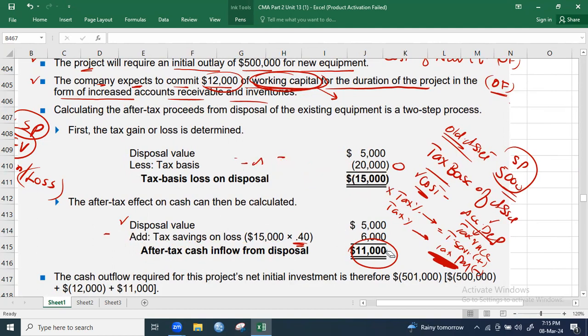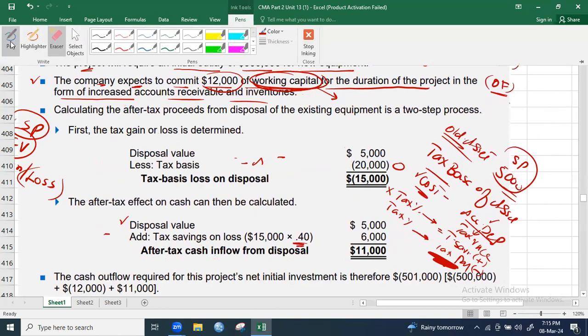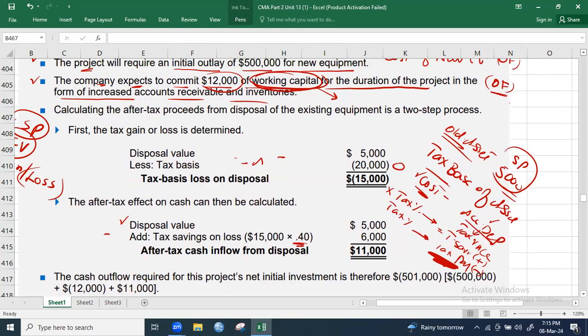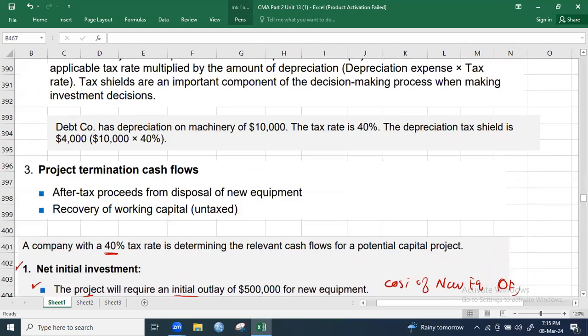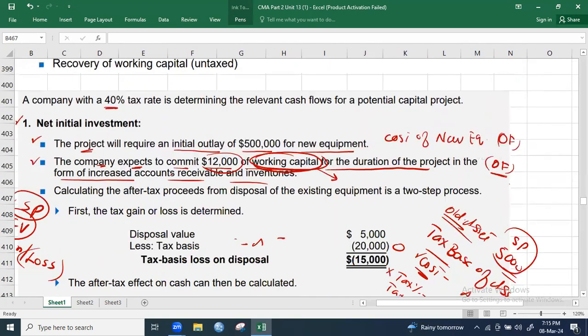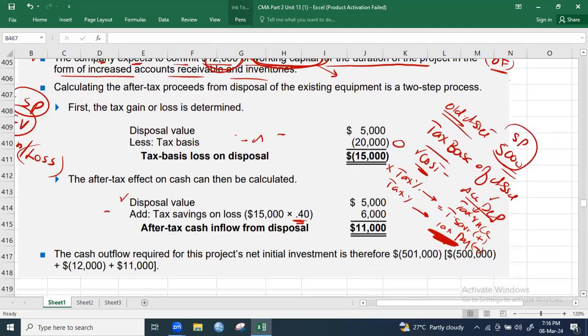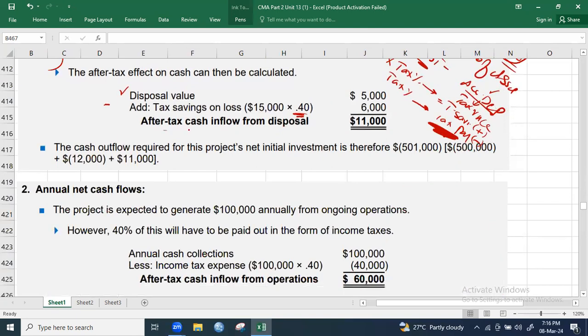As I told you, under initial investment, you have three cash flows, right? Which three cash flows? We have here the cost of new equipment, that is 500,000. We'll take this 500,000 plus the investment in working capital, that is 12,000. That we will also take. And then we will pick this value, the after tax cash inflow, 11,000, right?